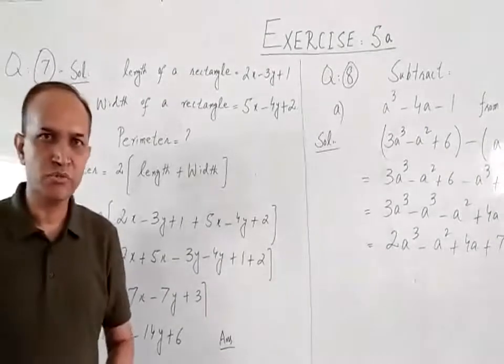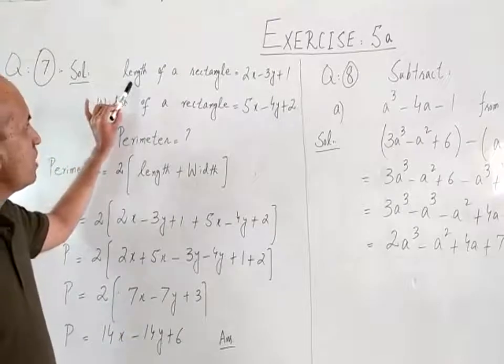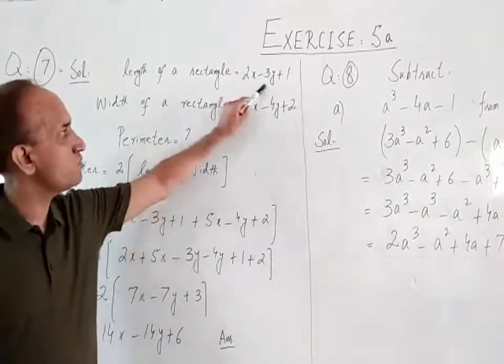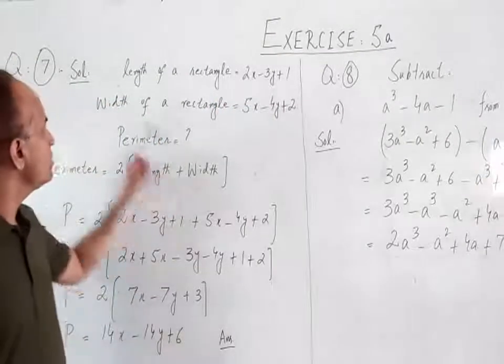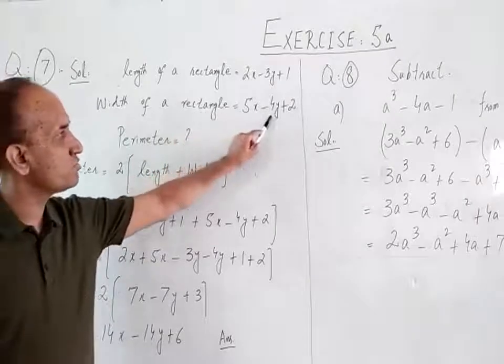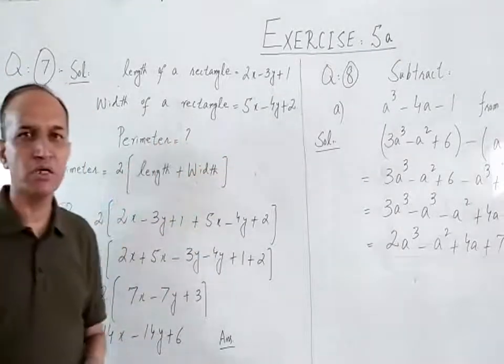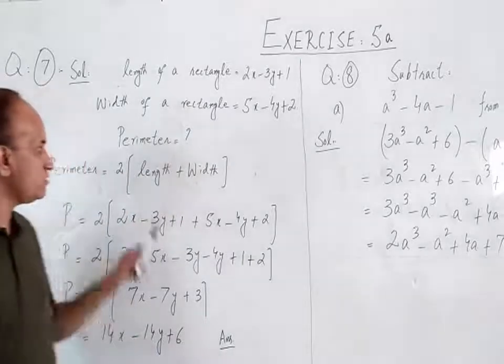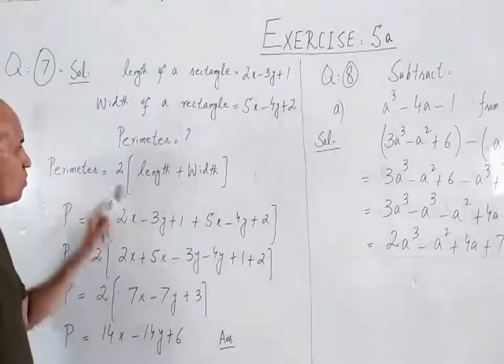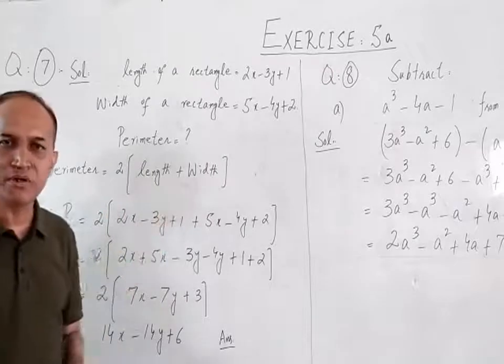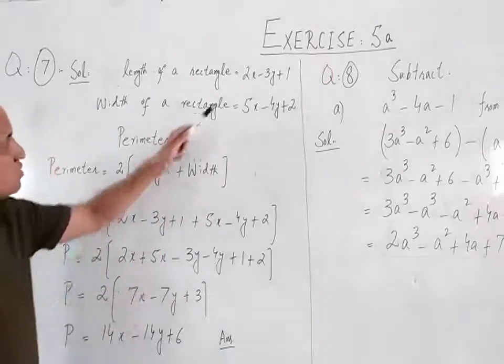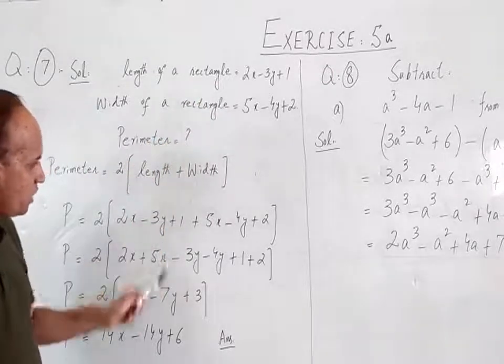In question number 7, we are given length of a rectangle as 2x minus 3y plus 1. The width of a rectangle is 5x minus 4y plus 2. And we have to find the perimeter of the rectangle. We know that the perimeter is equal to 2 into length plus width. So we put the values of length and width over here.